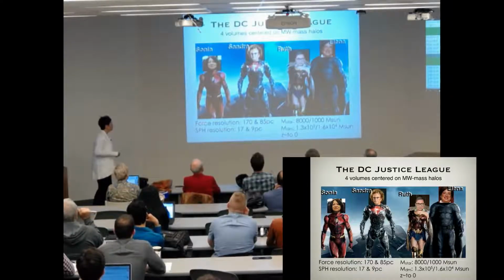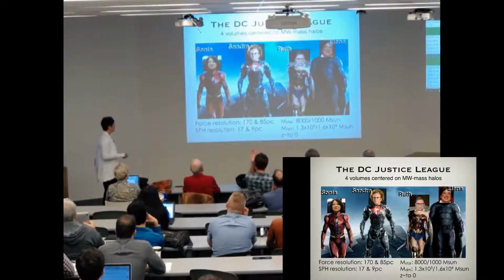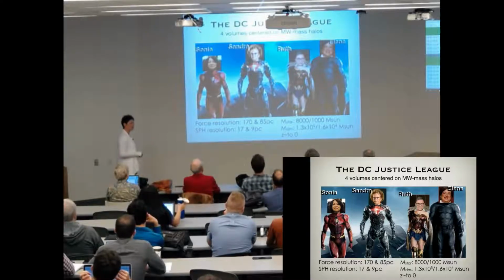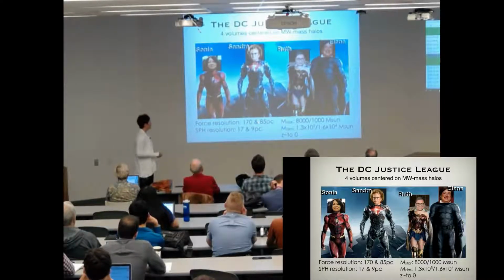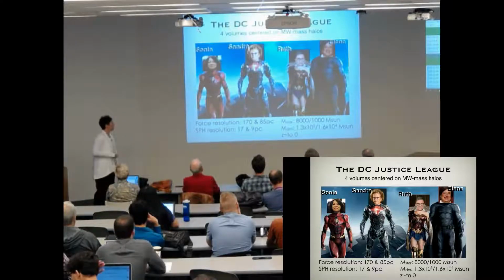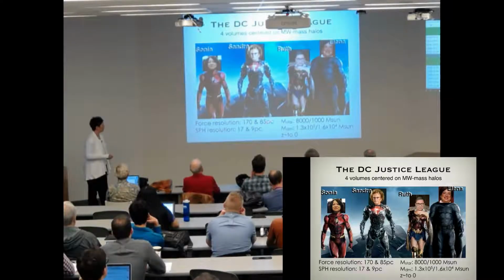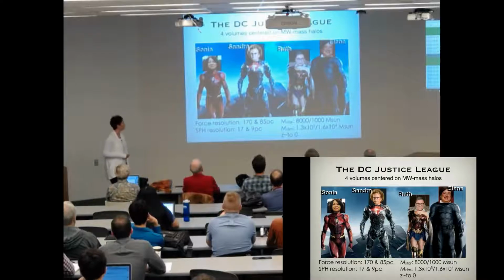All of these have been run at sort of standard resolution for us at 170 parsecs. They're all done already at redshift 0, and so I'll be showing some results from that today. But they're also being run at comparable resolutions to the dwarf volumes at 85 parsec resolution. And yeah, all three of those at least are below redshift 1 already.